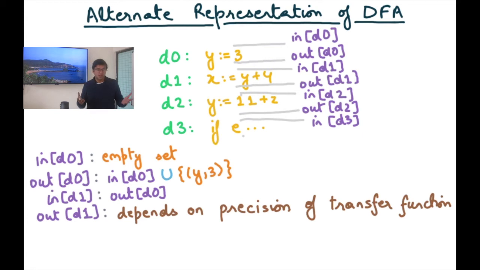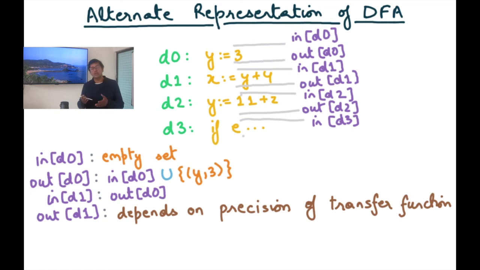And so, for example, if I had done y separately and x separately, then I wouldn't have been able to infer that x is 7. Why wouldn't I have been able to infer that? Well, imagine if I had done x first. Then I would have just said that x is not a constant, right? Because I don't know anything about y. And then I would have done y later, and y would have just said it's 3, and that would have been the end.